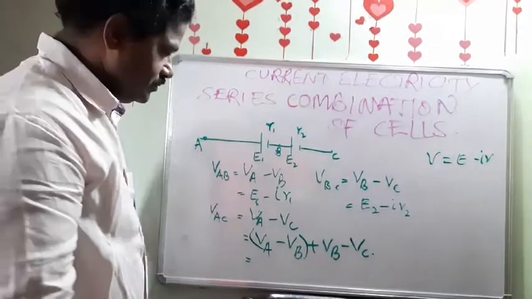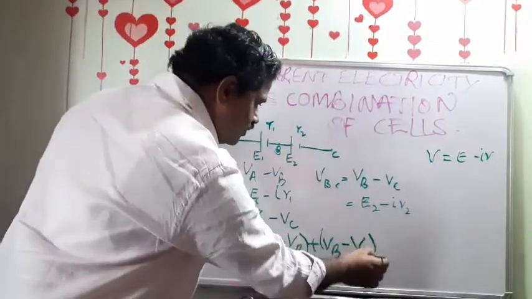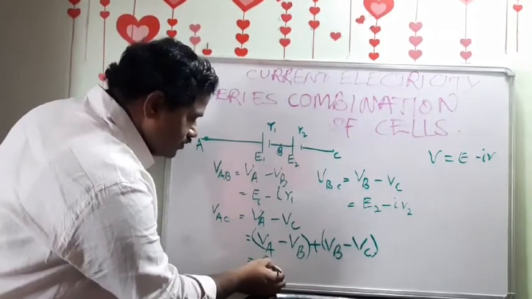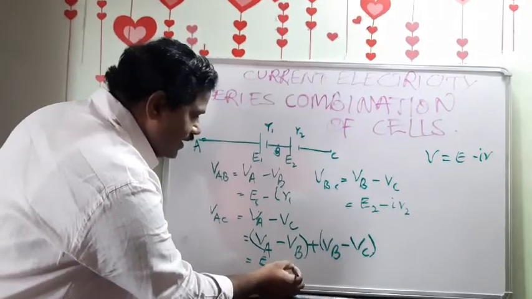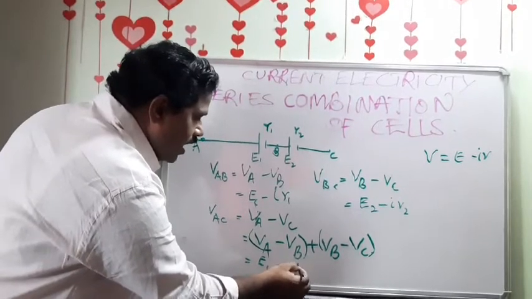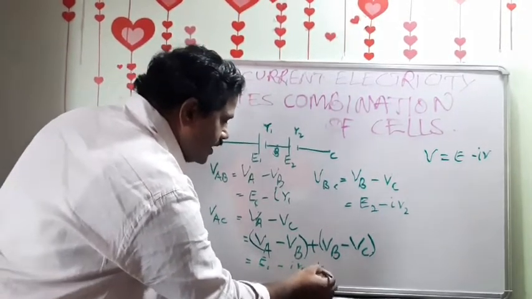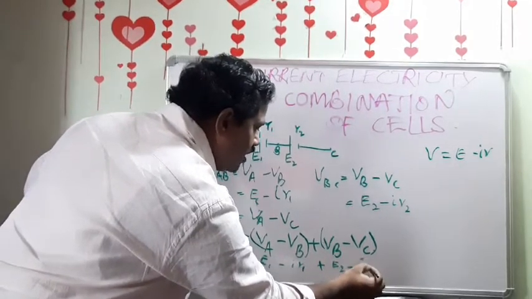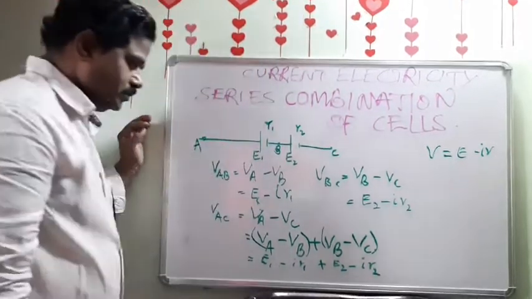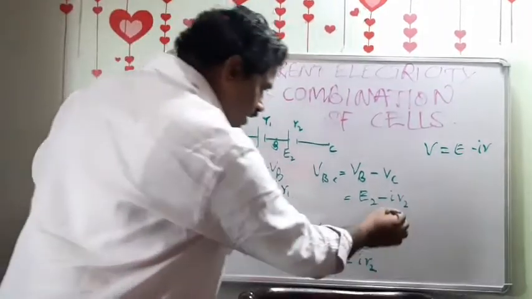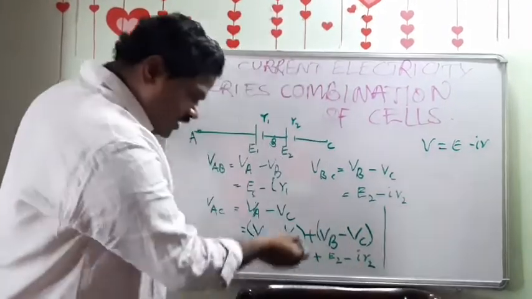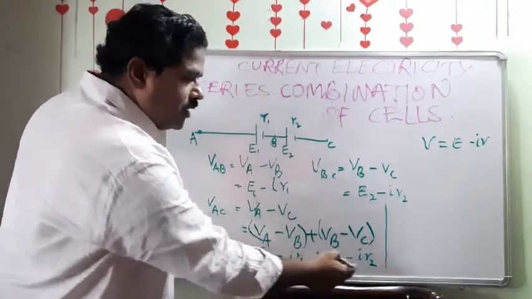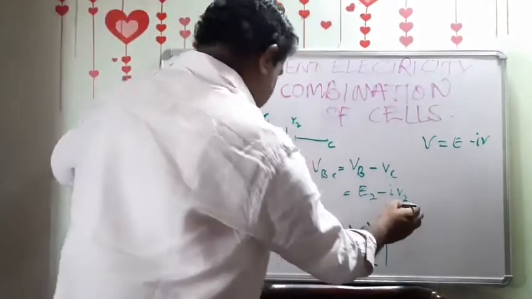So this is E1 minus IR1 plus E2 minus IR2. In other words, this can be written as E1 plus E2 minus of IR1 plus IR2.